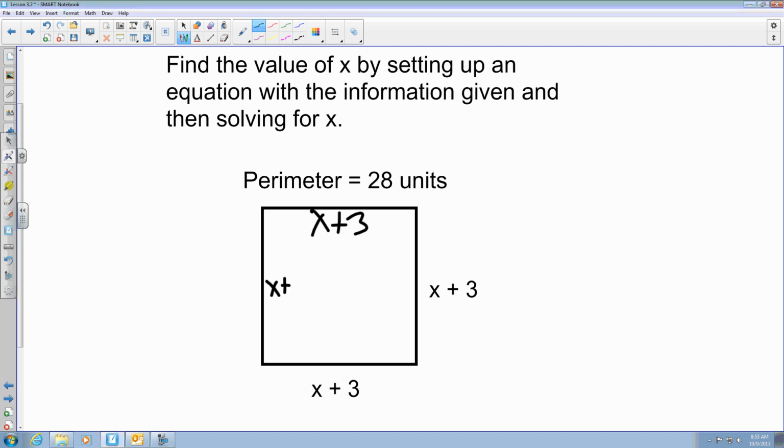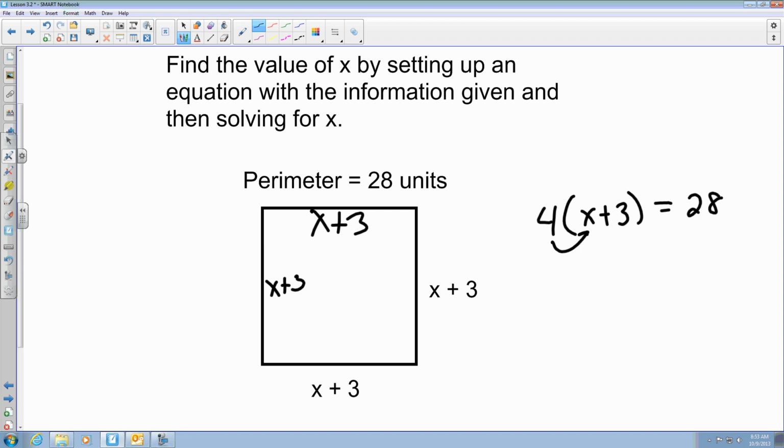This is also x plus 3. So I can say that the perimeter here is going to be 4 times the quantity of x plus 3, and it's going to equal 28. So again, I have to use the distributive property.